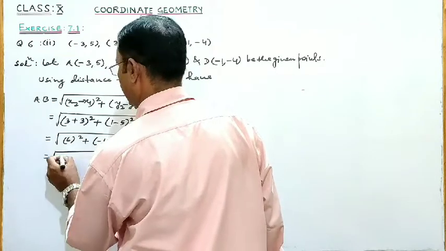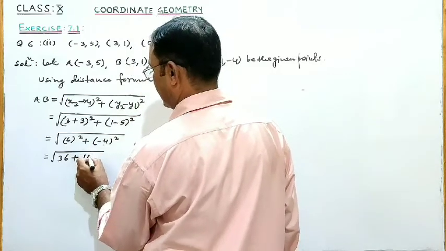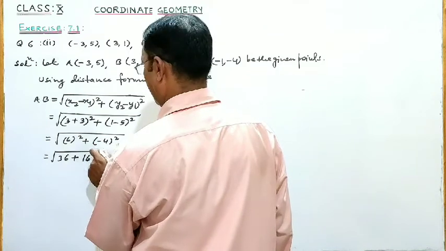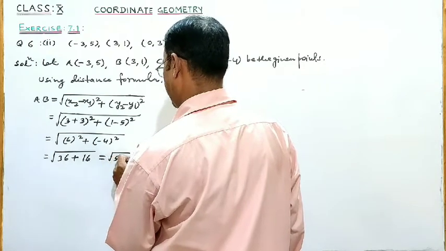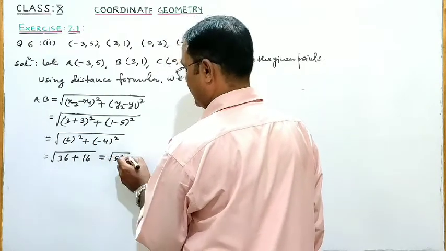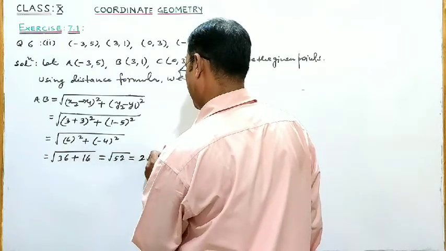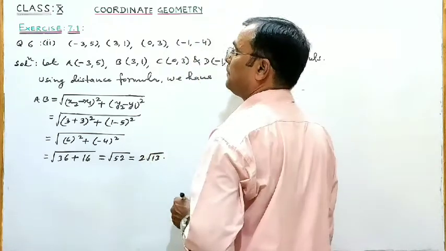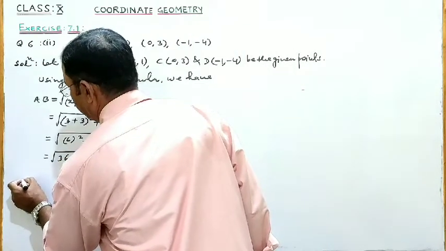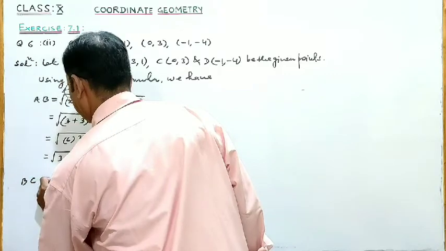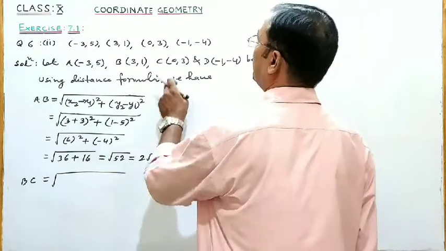6 square 36 plus minus 4 square 16. This is equal to under root 52, which can be written as 2 under root 13 units. So AB is 2 under root 13. Now BC, under root x2 minus x1 whole square.